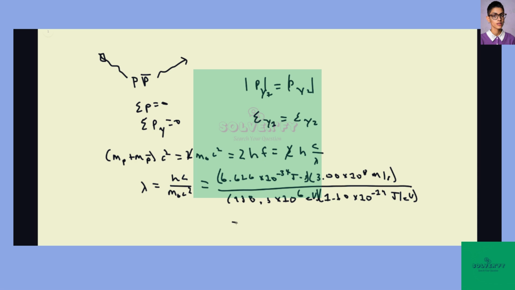So this gives us that the wavelength of each photon must be 1.32 times 10 to the minus 15 meters, or 1.32 femtometers.